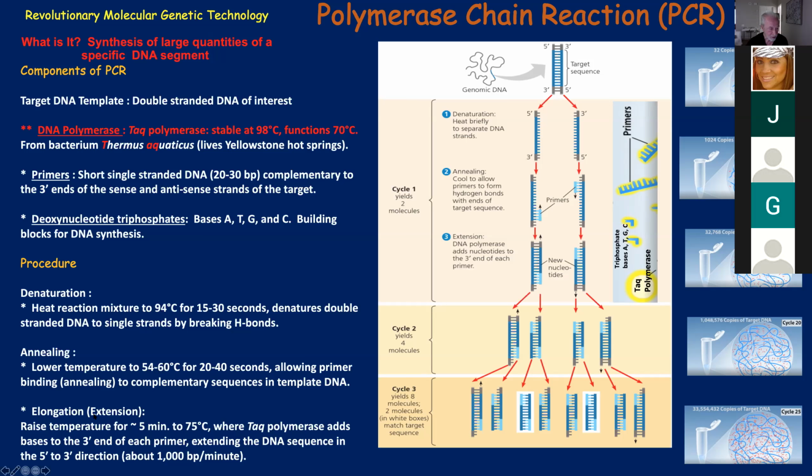And then you have an elongation step at 75 degrees, which is the temperature optimum for Taq polymerase. And that adds bases at the 3' end, as you know from going over DNA replication. And so it takes maybe 5 minutes to do the elongation step at every cycle. So what you would like to do is automate this.